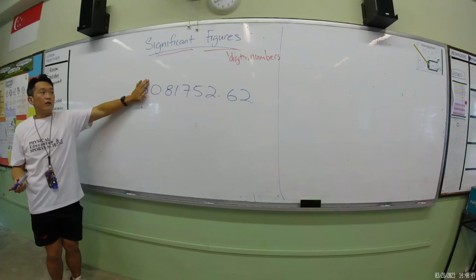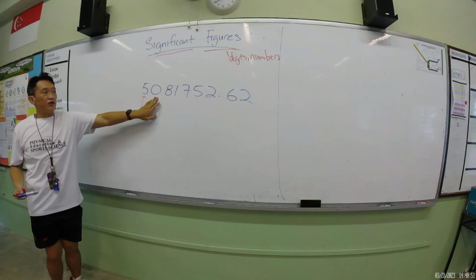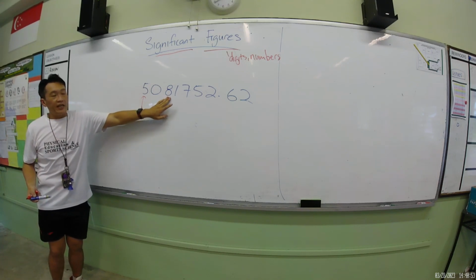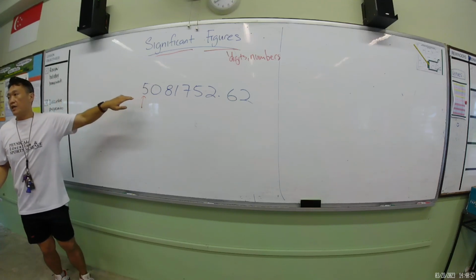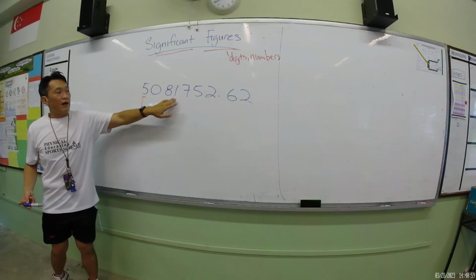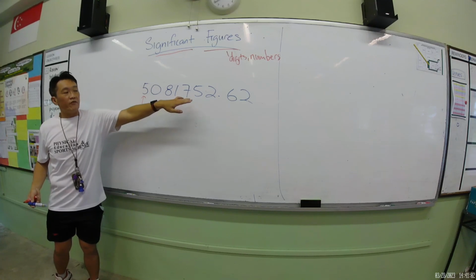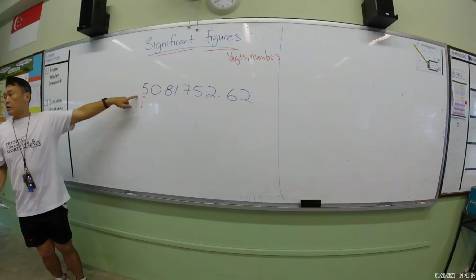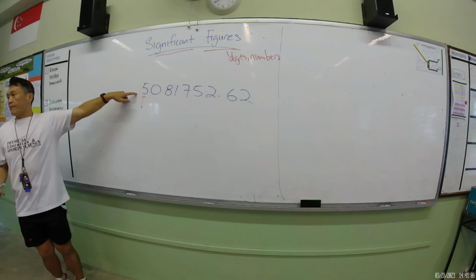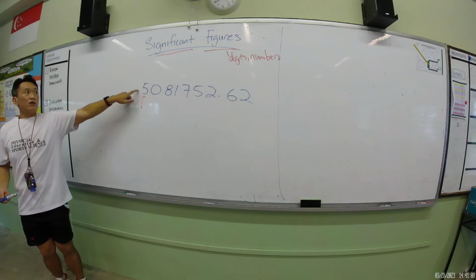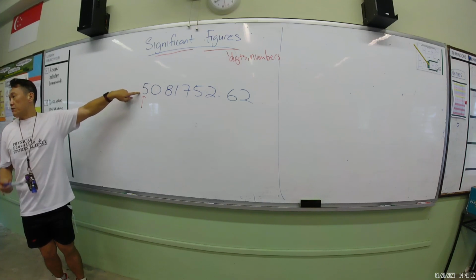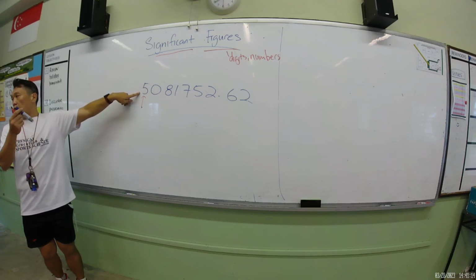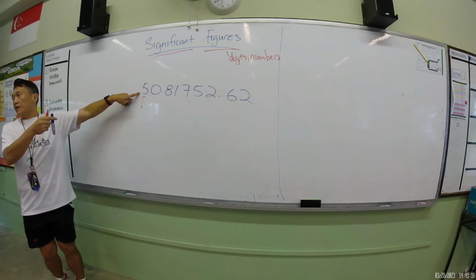No way to tell. But if this is a 0, or even if the 8 is a 0, we still know this number is roughly 5 million. Without the 1, without the 7, without the 2, without all these numbers, we still can tell this is almost 5 million. So out of these strings of numbers, 5 is the most important, the most representative.